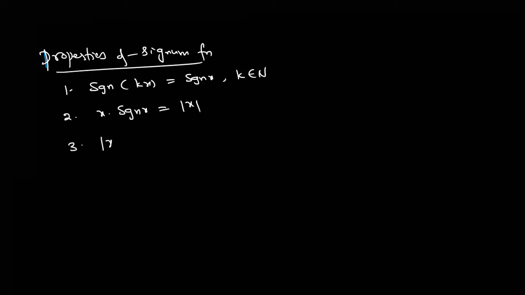First one: secant of kx is equal to secant of x, every time, where k is any natural number. Second: x into secant of x is always mod x. Third: mod x into secant of x gives x only. But this is a very rare case, students; based on this they are asking. Especially we are using property number 2.